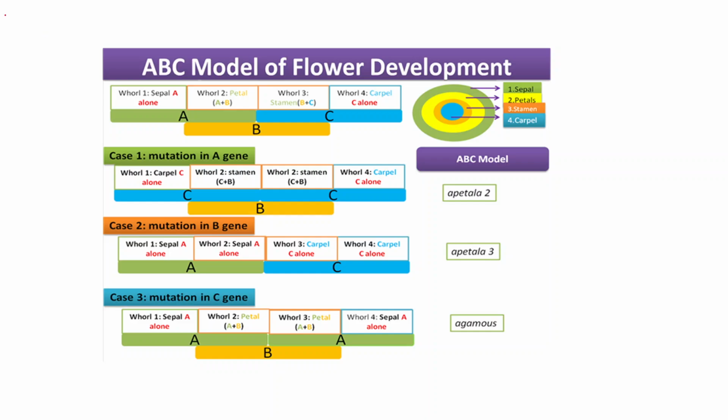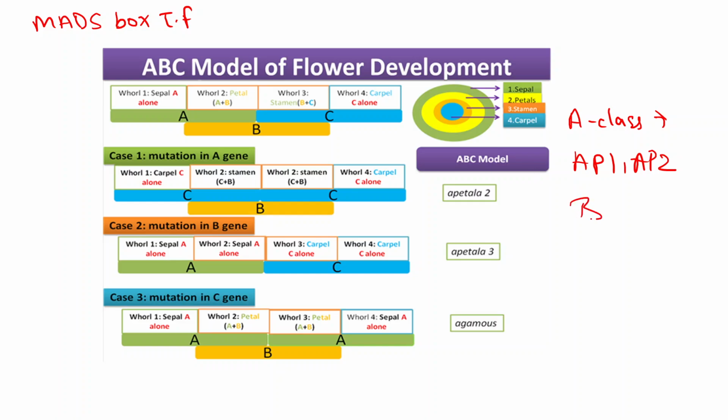So when we talk about the A class of genes, it codes for Apetala 1 and Apetala 2. The B class of genes codes for Apetala 3 and Pistillata.